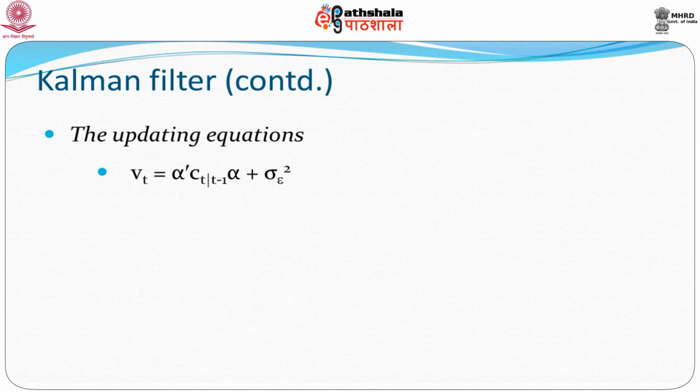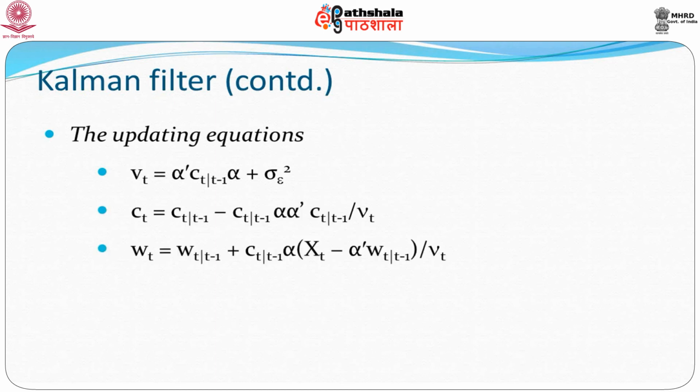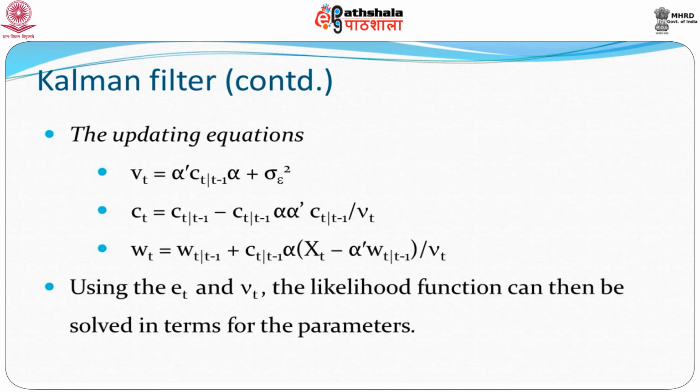Then you have (I, alpha), times the inverse of the diagonal matrix of Ct given t minus 1 and sigma epsilon square, and then the y vector, which is the response vector, Wt given t minus 1 and xt.